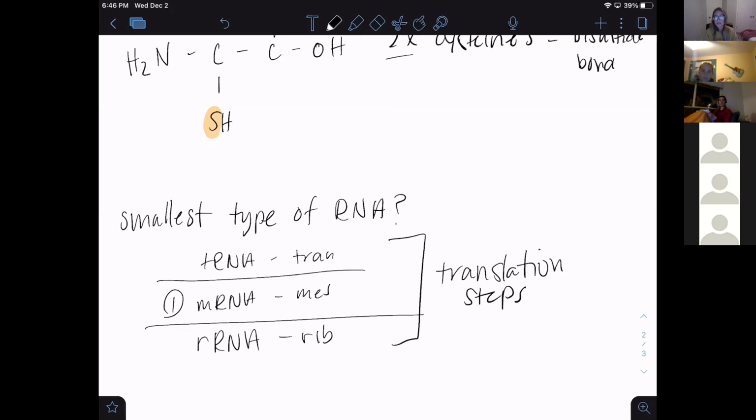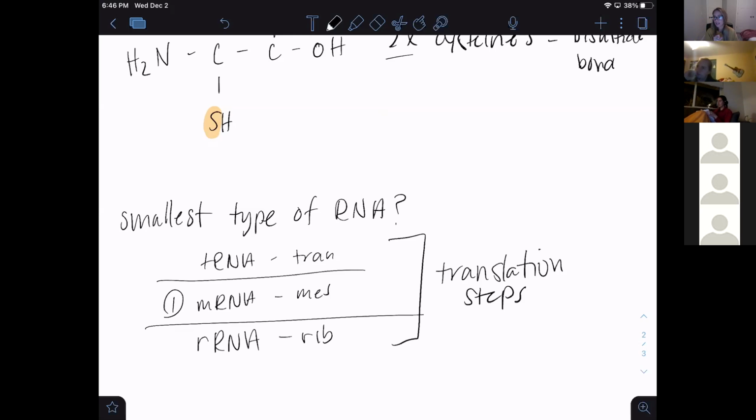So that would only leave us with tRNA. So tRNA is the smallest of the 3 RNA, not only because it only has about 75 to 95 nucleotides, but all it does is translation. Okay? It just transfers the amino acids during protein synthesis. While it's a very important role, it's a very simple role.